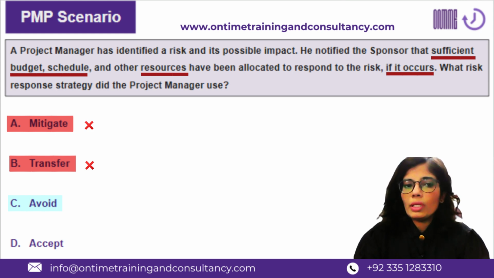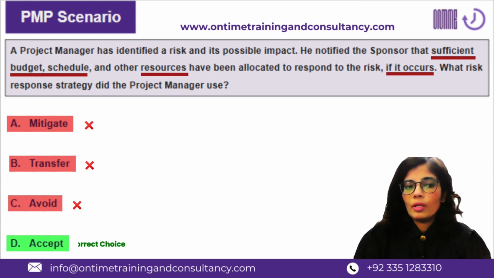Although you are keeping some contingencies and reserves for this risk, you are utilizing them when the risk occurs, not to stop that risk from occurring. So this is also not avoid, which warrants that the correct answer to this question is accept.